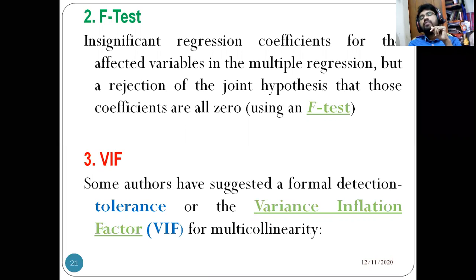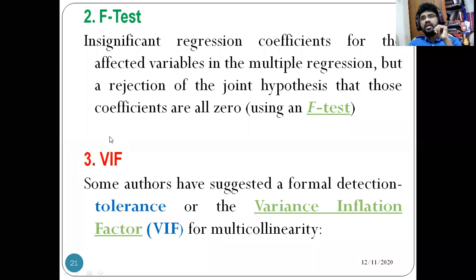For example, when the hypothesis is that the coefficients are equal to zero, beta 0 is equal to 0 and beta 1 is equal to 0, it means the independent variables are not affecting the dependent variable. So when the F test rejects the joint hypothesis that the coefficients are all zero while the individual coefficients are insignificant, you can know that the particular model is suffering from multicollinearity.